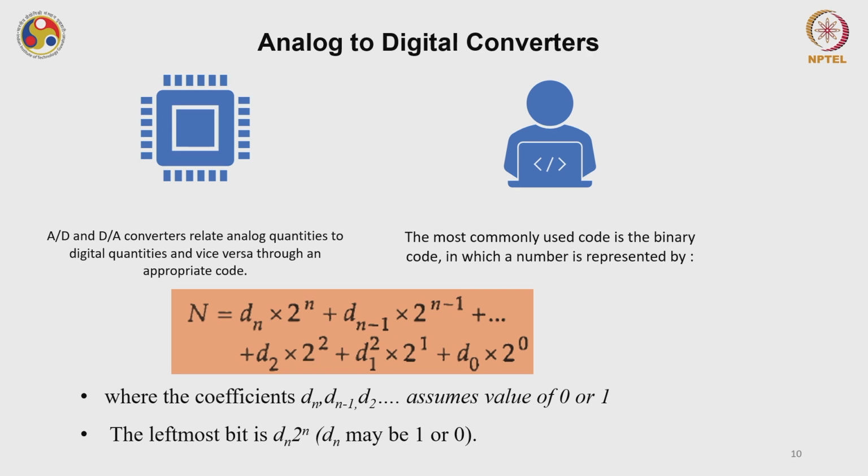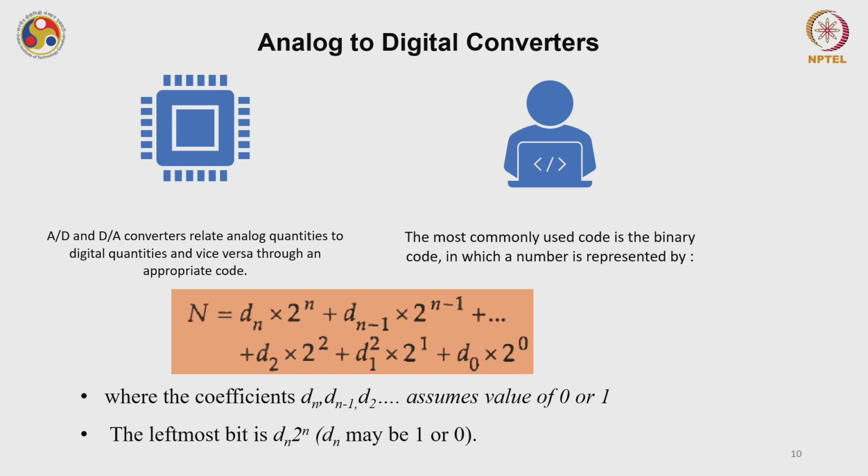Okay, so AD and DA converters relate analog quantities to digital quantities and vice versa through an appropriate code. The most commonly used code is the binary code, in which a number is represented by different weights multiplied by 2 to the power n, n minus 1, and so on.